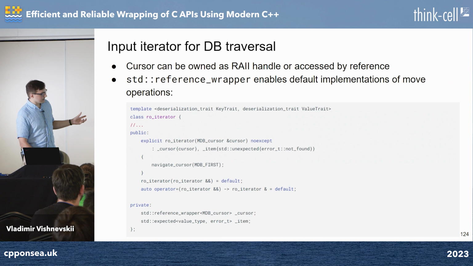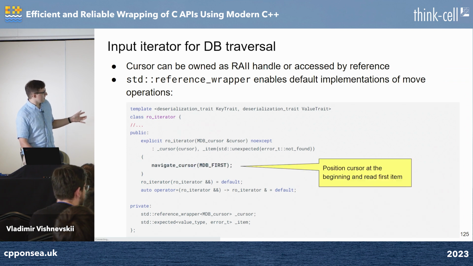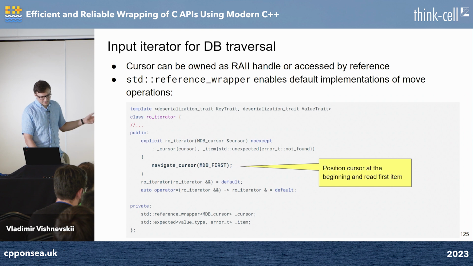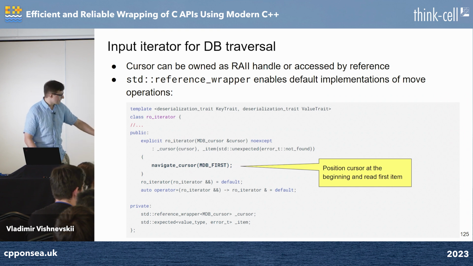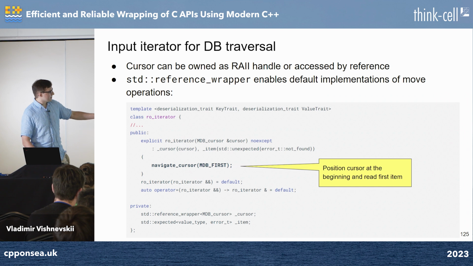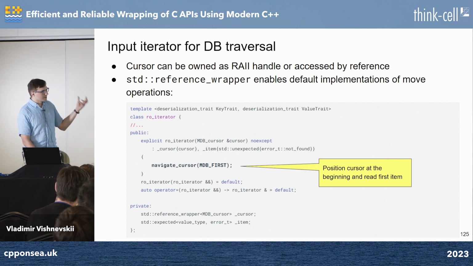Then generally we will have some function that will be performing the navigation of the cursor. When we create the cursor, we probably position it at the beginning. The iterator either has access to the cursor or owns the cursor, but generally we here use expected, so this is the item that we either can read and store in our expected, or there will be an error, including the error that we reach the end because of some condition.